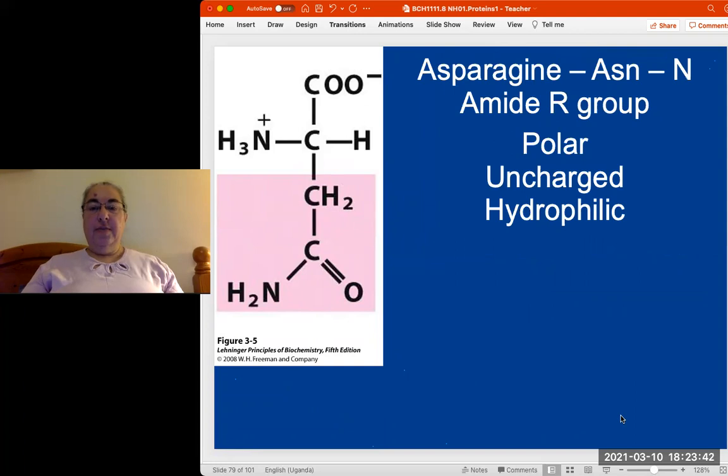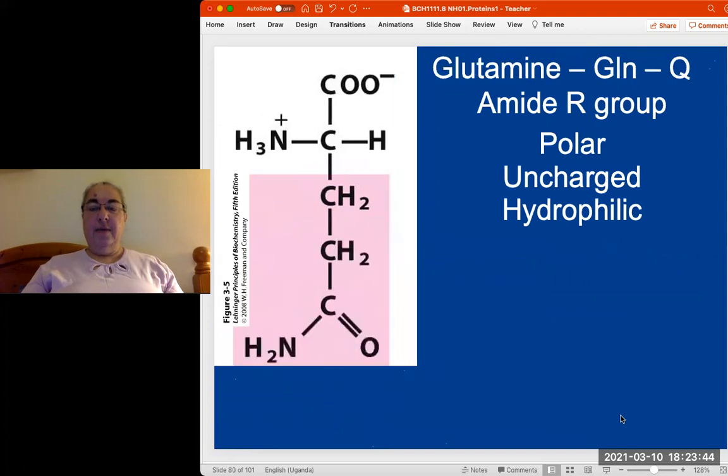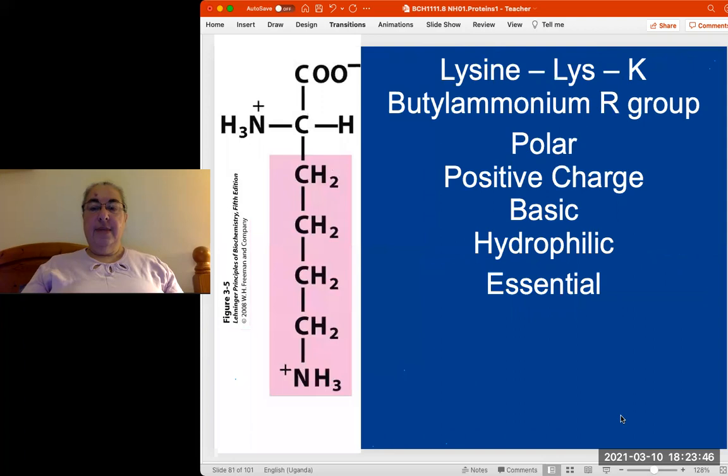Asparagine, glutamine, lysine. This is one of the basic amino acids, one of the amino acids with a positive charge. So it can be very important in interacting with other things that carry a negative charge. For instance, positively charged lysines are very important for interacting with negatively charged DNA.